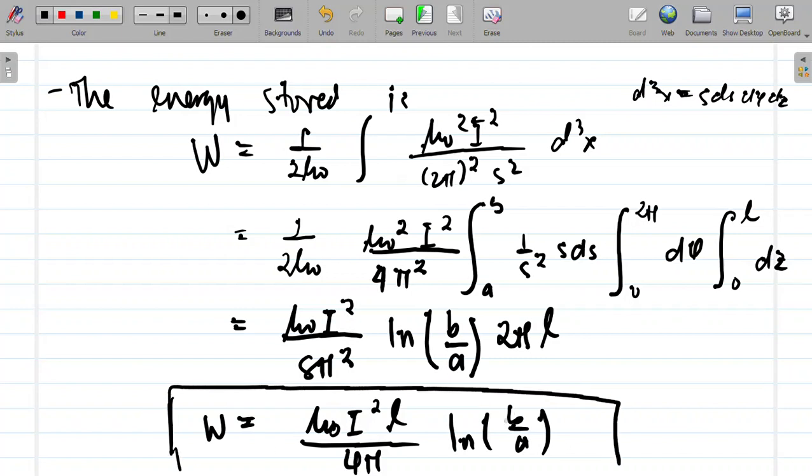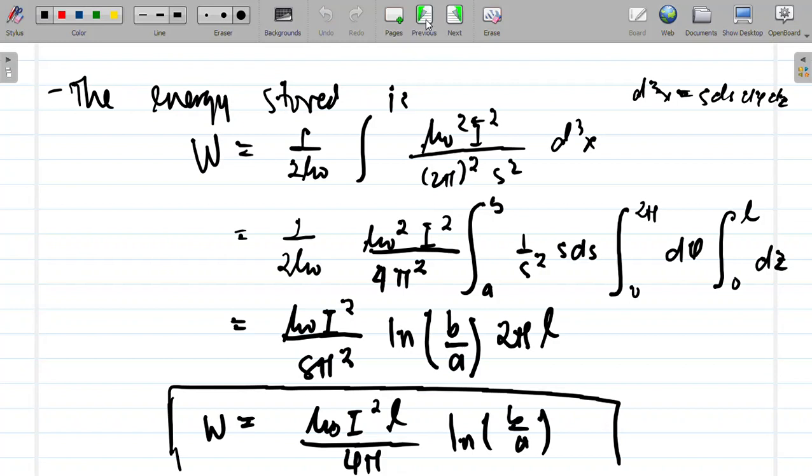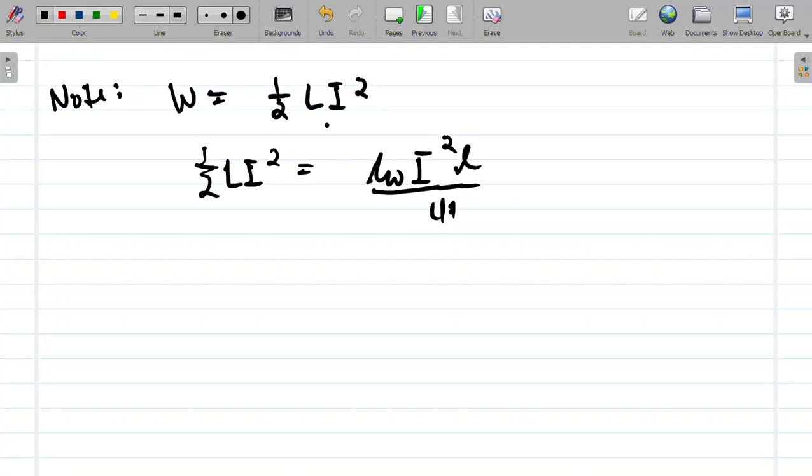Now, let's say we are asked, what is the inductance? Note that work also equals 1/2 L I squared. So, 1/2 L I squared equals mu naught I squared L over 4 pi ln of b over a.